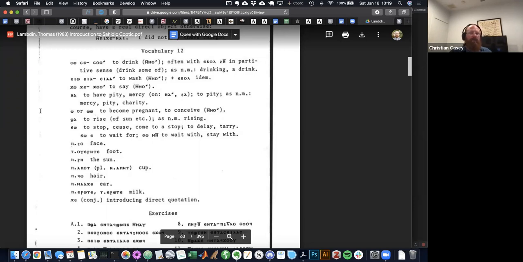There are quite a few Coptic verbs that are necessarily reflexive, where you can't use them non-reflexively. There are Coptic verbs that are intransitive that we might think of in English as being transitive, and vice versa.